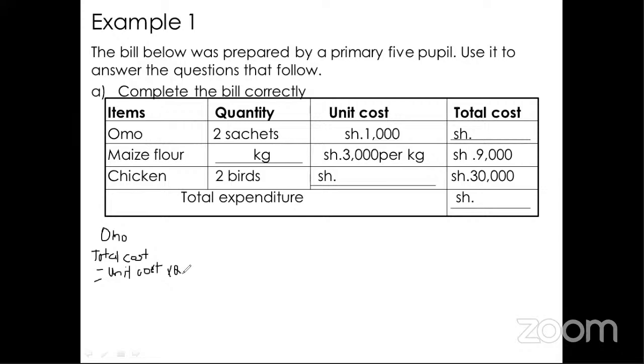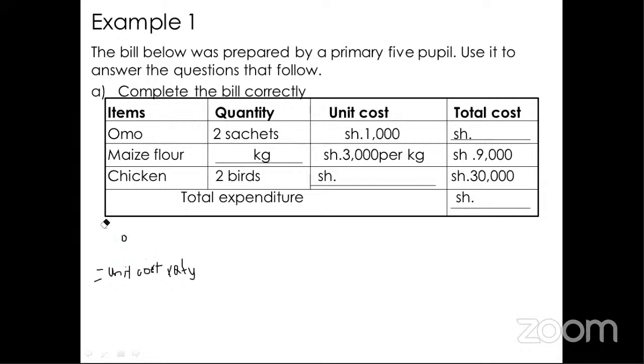So that is to get the total cost for the 2 circuits of Omo that you have prepared to buy. So the total cost is equals to unit cost times the quantity.